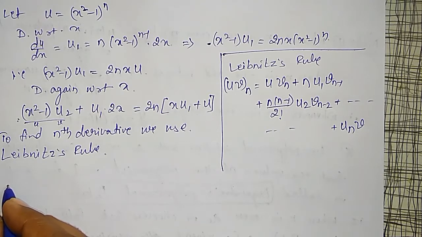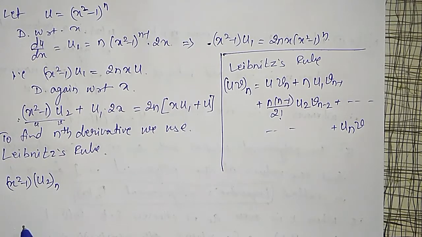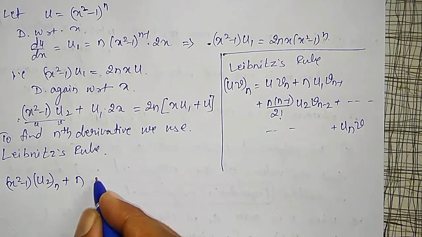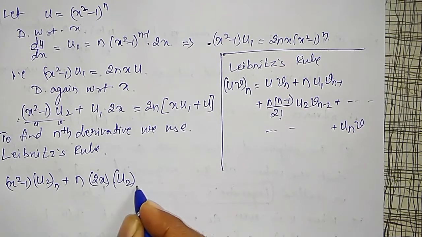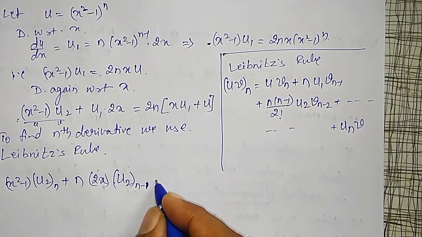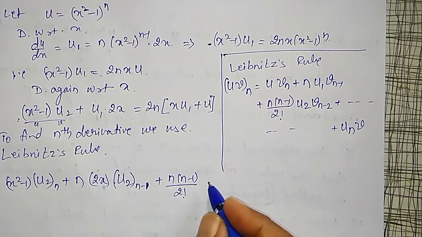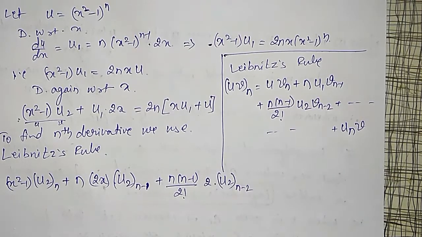Therefore, the first term is as it is: (x square minus 1) into the nth derivative of u2, plus next n into the first derivative of (x square minus 1), which is 2x, into the n minus 1th derivative of u2, plus n(n minus 1) divided by 2 factorial into the derivative of 2x, which is 2, into the n minus 2th derivative of u2. For the next term, n(n minus 1)(n minus 2) divided by 3 factorial into the derivative of 2 will become 0.